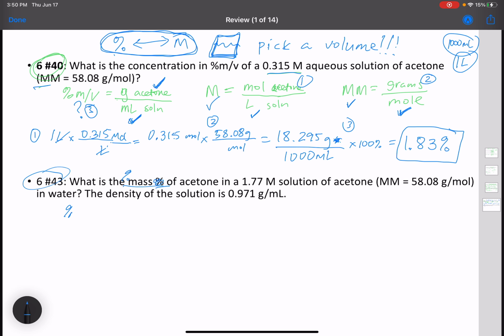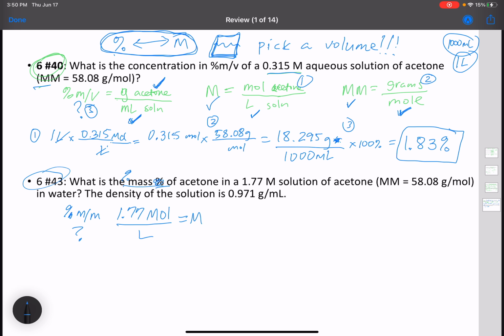So we want to know percent mass of acetone in a 1.77 molar solution. Or in other words, there's 1.77 moles per liter of solution. We know that's the molarity.